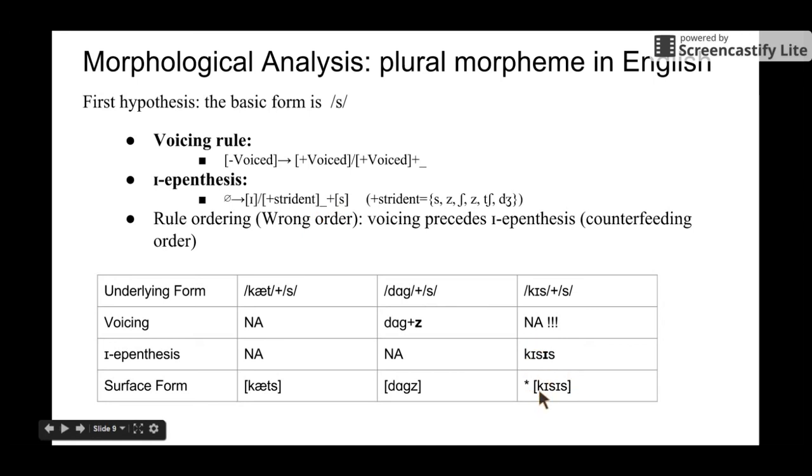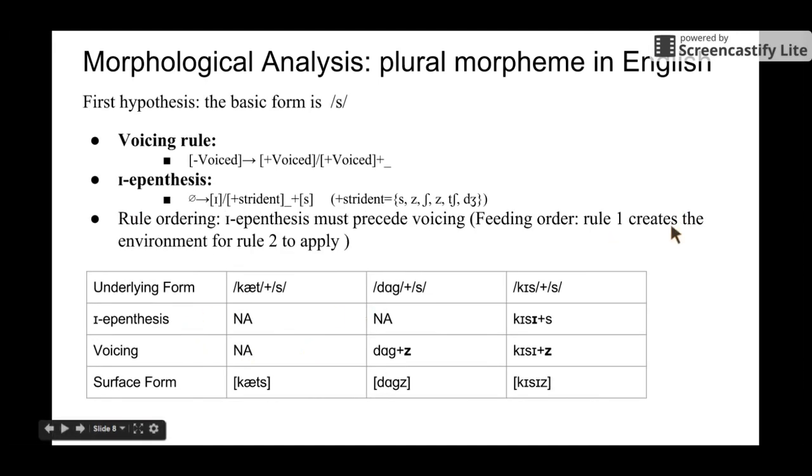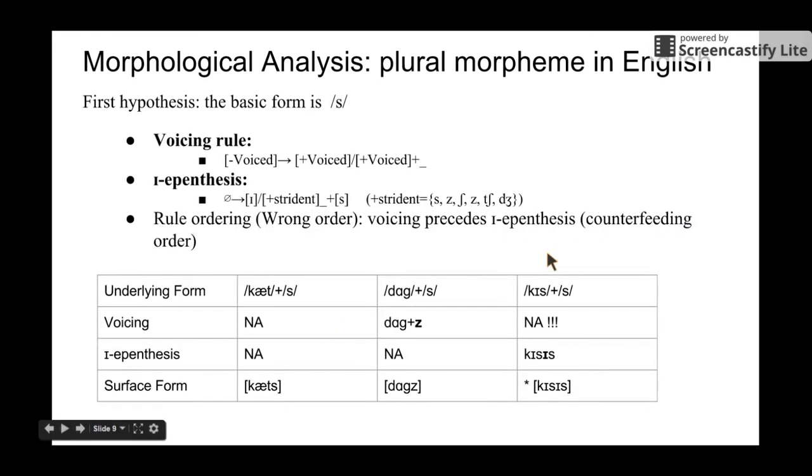And then we have the final output, but this is not the desired output. I put a star to show that this is a wrong output. Okay. And this order is called counter-feeding order because it's exactly the opposite of the feeding order.